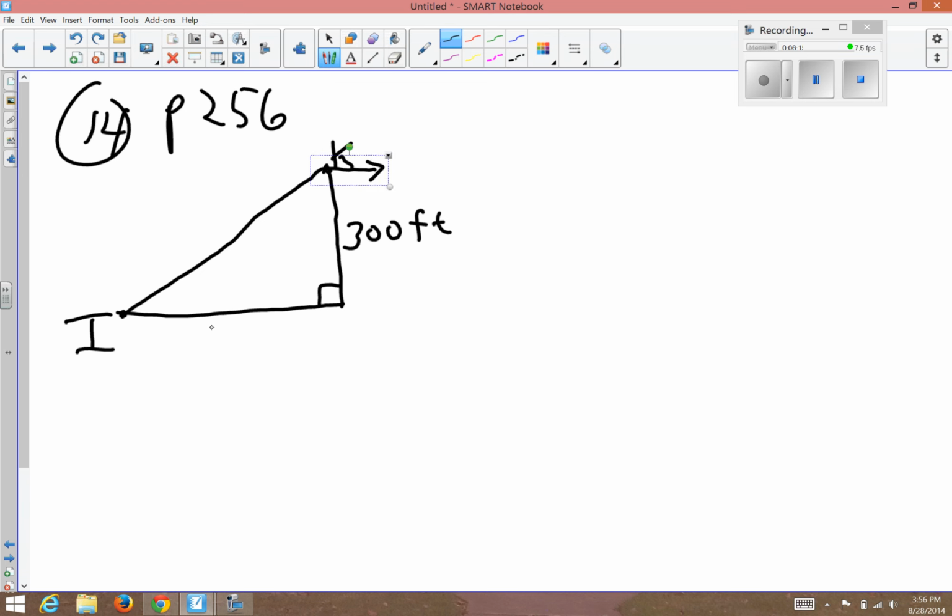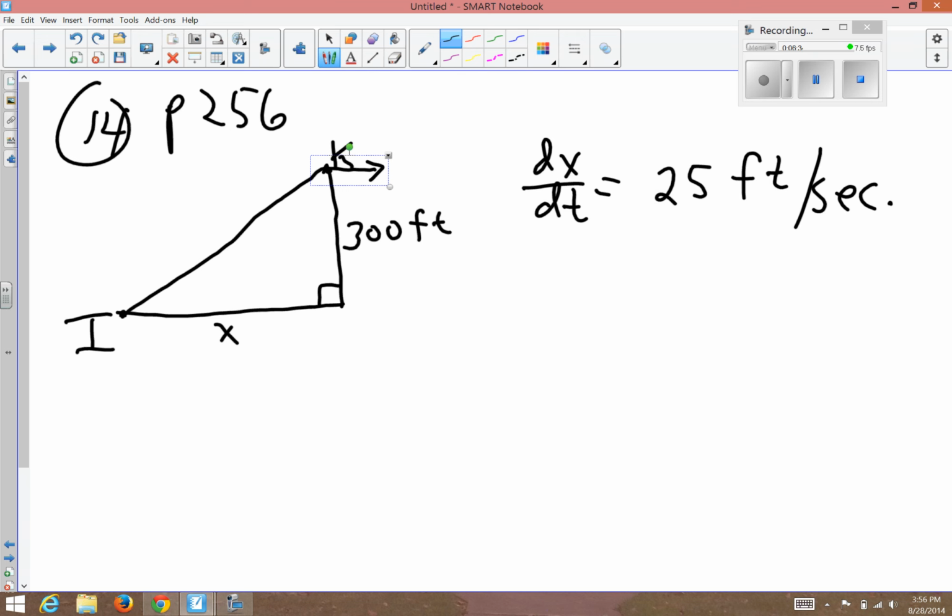That means this distance down here, we'll call this side x, is changing at a rate of 25 feet per second. I hope you look at the words in the book so you see where I'm getting all this. Page 256. So there's the rate that's given. How fast must she let out the string?